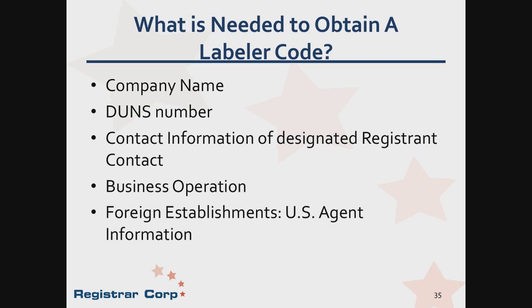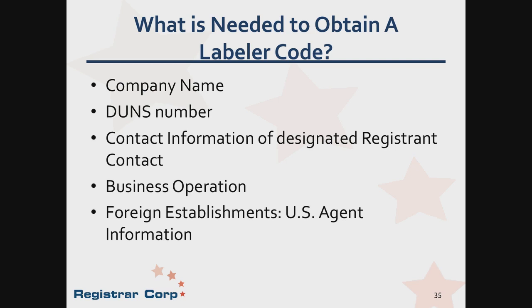A request must be submitted to FDA in SPL format in order for a company to be assigned a labeler code. Note that a DUNS number is required, so plan accordingly, as it does take time to have a DUNS number assigned by Dun & Bradstreet, and it does take on average up to 2 weeks for FDA to assign a labeler code.